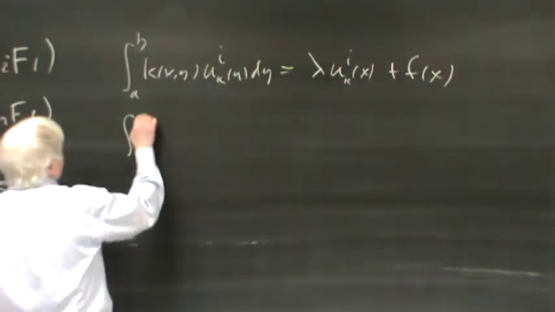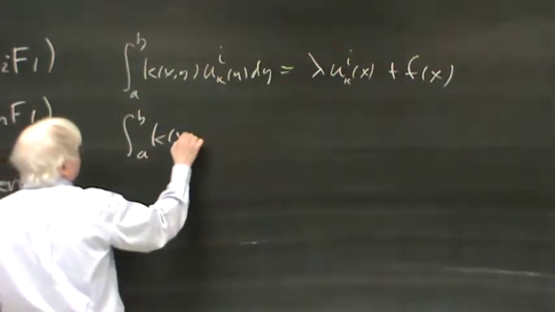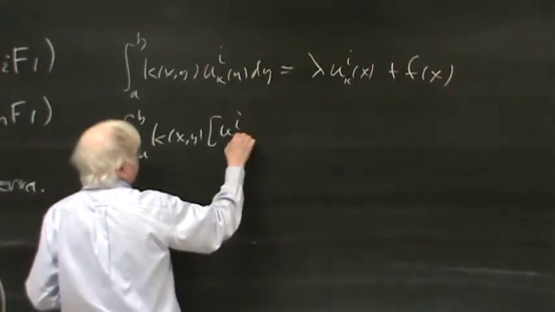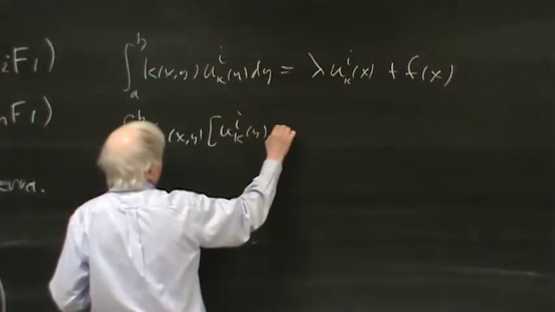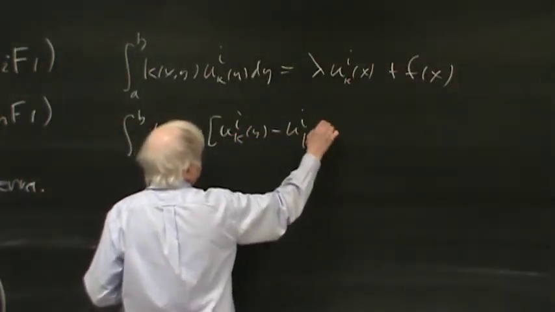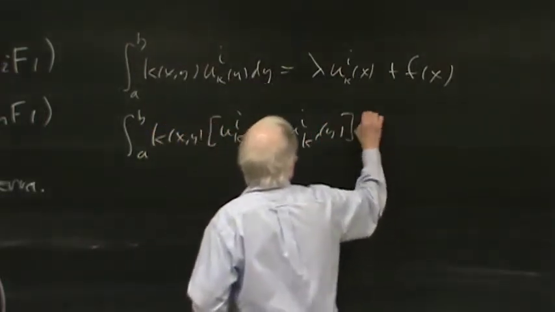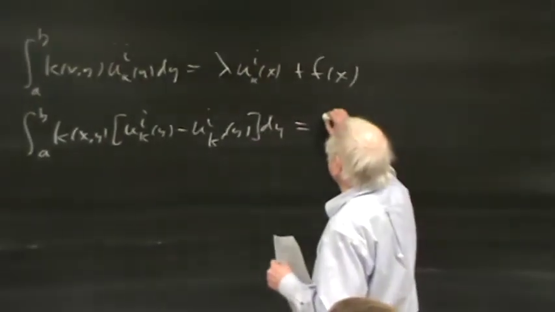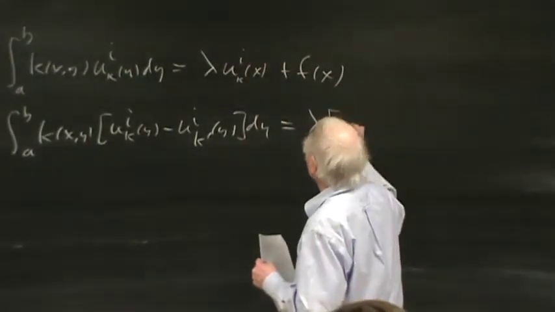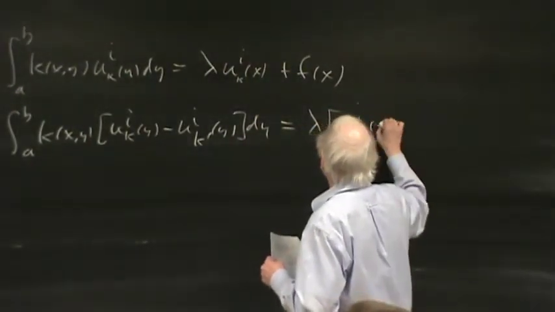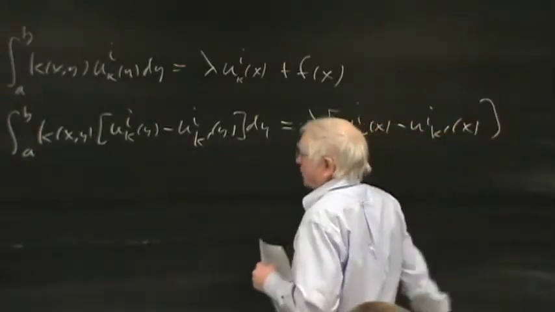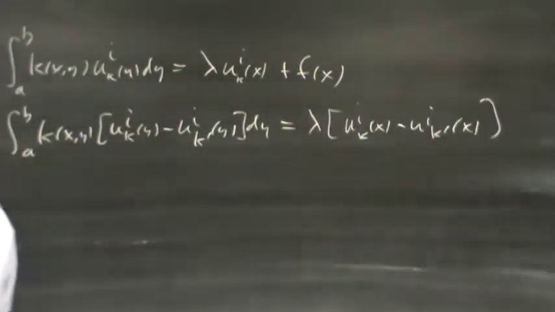Then the integral from a to b of k of x and y, the difference of two solutions of the inhomogeneous equation, will be a solution of the homogeneous Fredholm equation of the second kind, the same one.